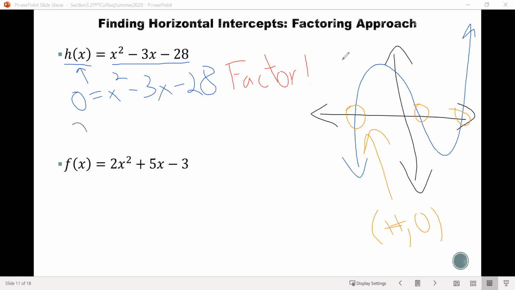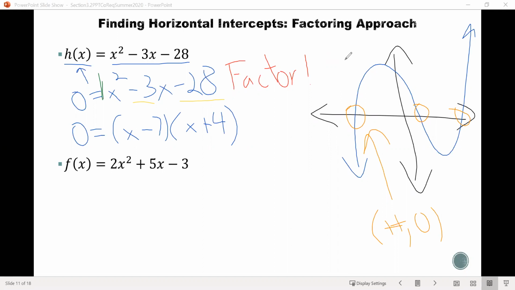So this becomes 0 equals, since there's no number in front of the x squared besides 1, we can factor this just like we learned before. We'll find 2 numbers that multiply to negative 28 and add to give us negative 3. In that case, I believe the 2 numbers would be negative 7 and positive 4, which tells us that this should factor to x minus 7 times x plus 4.